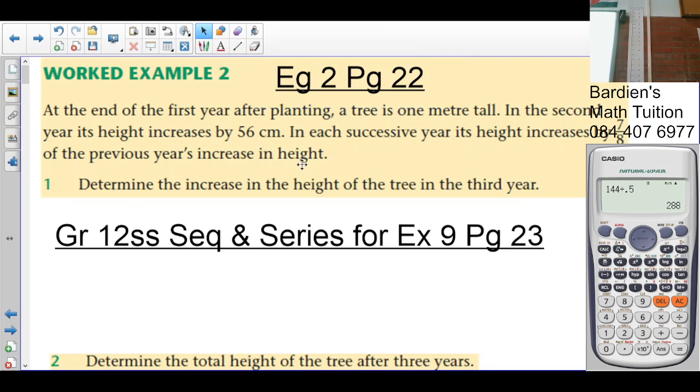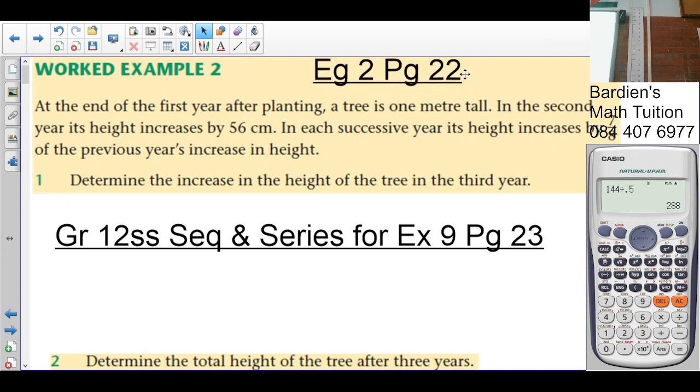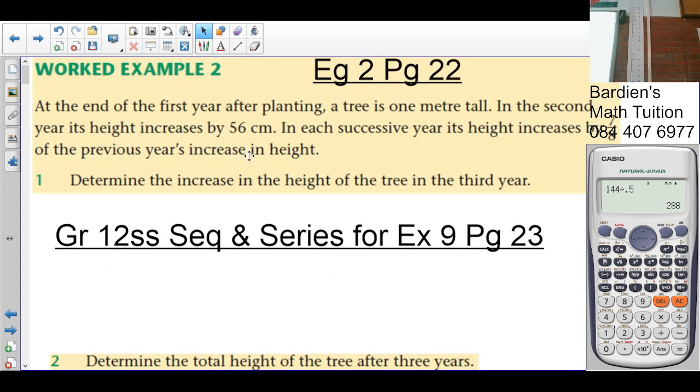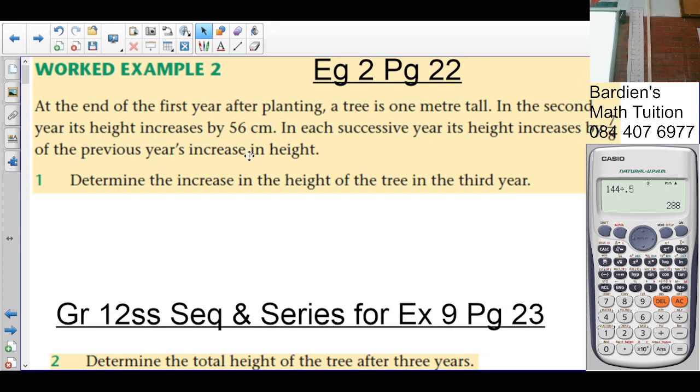Okay. So we look at worked example 2, this on page 22. At the end of the first year after planting, a tree is 1 meter tall. In the second year, its height increased by 56 centimeters.